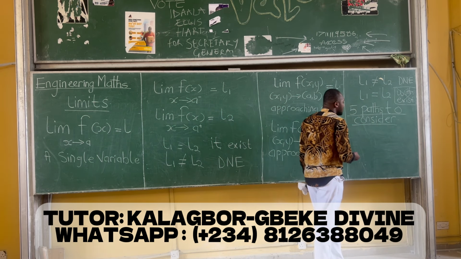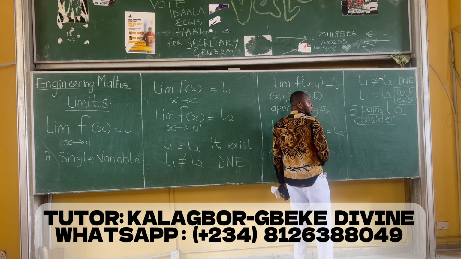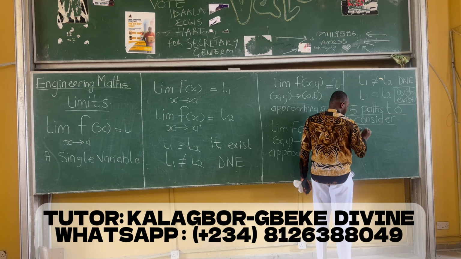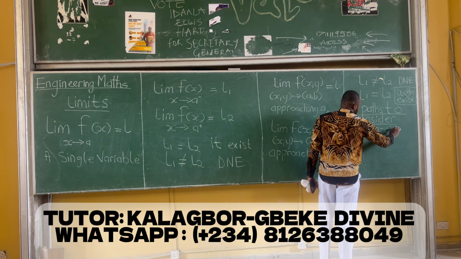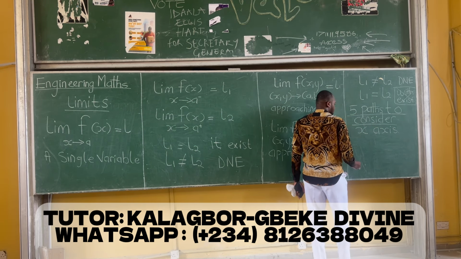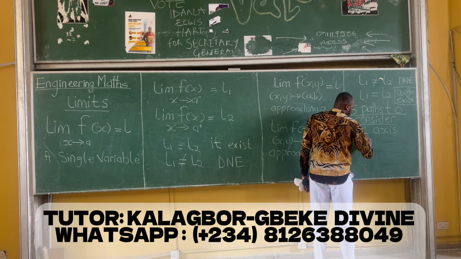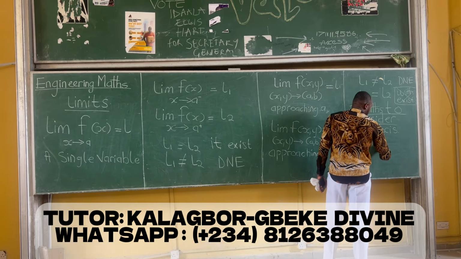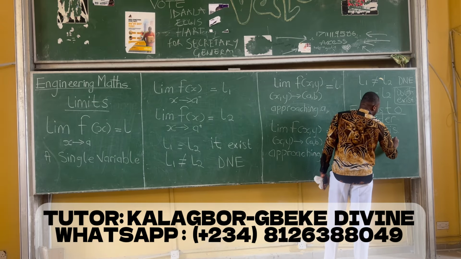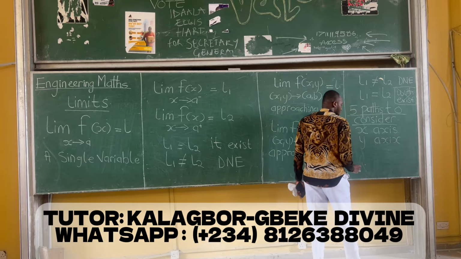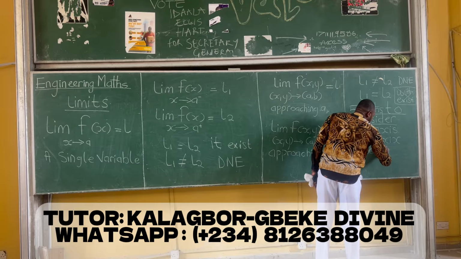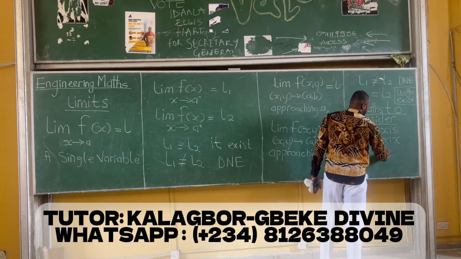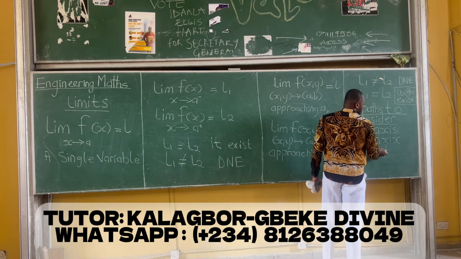So the first path, if you are approaching from the x-axis. If you are approaching from the y-axis. When x is equal to y, that means y is also equal to x, right?